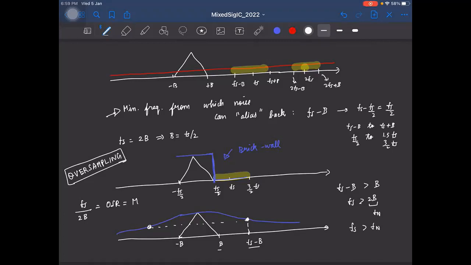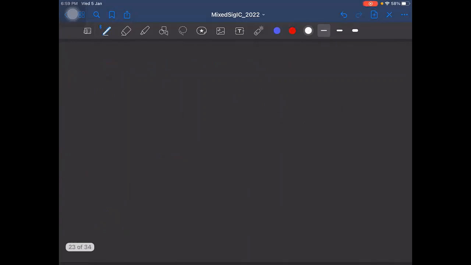It turns out that this oversampling has some more advantages, and we will return to this concept later. So now we saw that to ease the anti-alias filter design, oversampling is a possible solution, right?